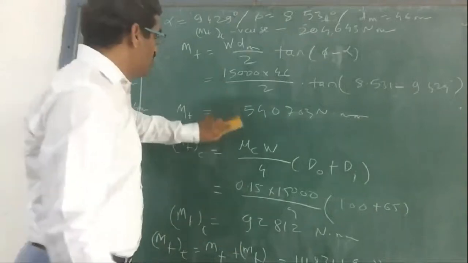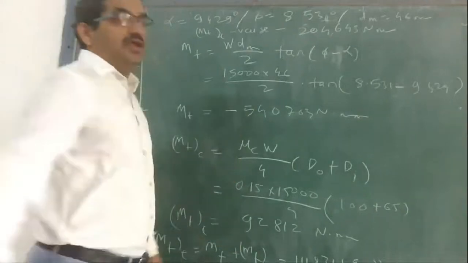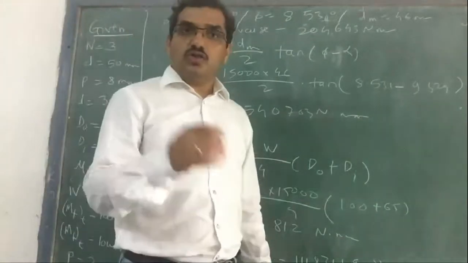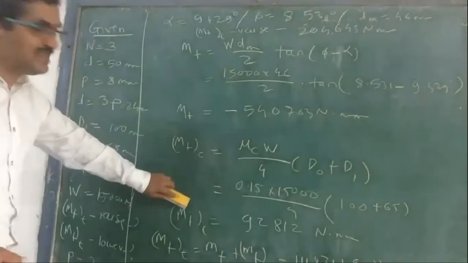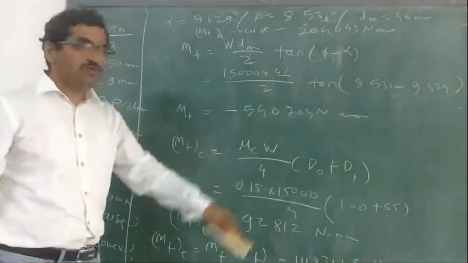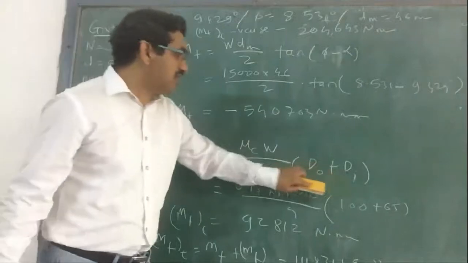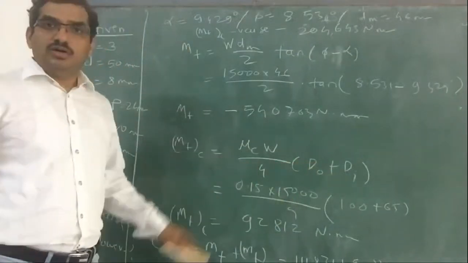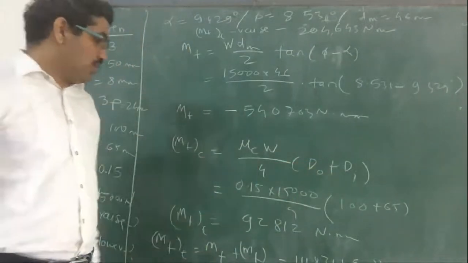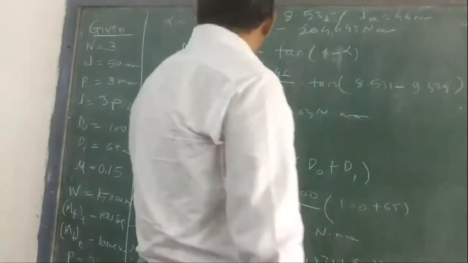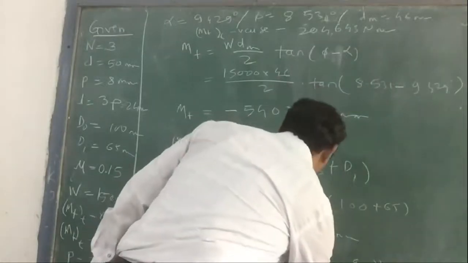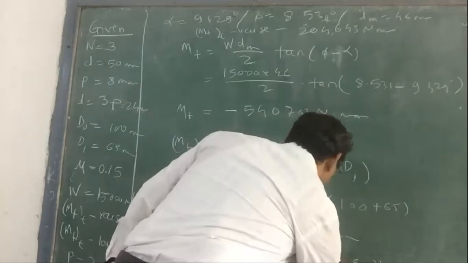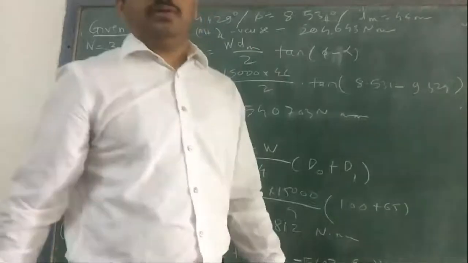Why? Because this is not the only friction. There is also collar friction, which is always positive, right? So that is still the same. Collar friction has no change. It is only dependent on the inside and outside diameter of the collar and the load, right? So it will remain the same. So here, instead of this, we will have minus 5407 plus 95, right?